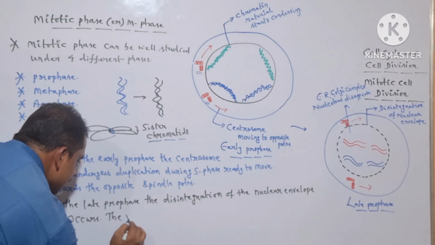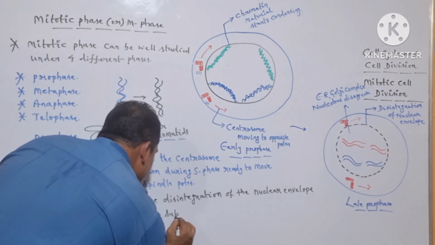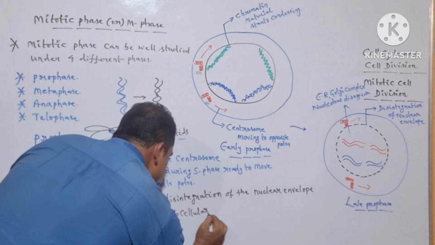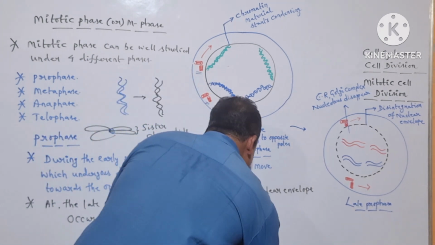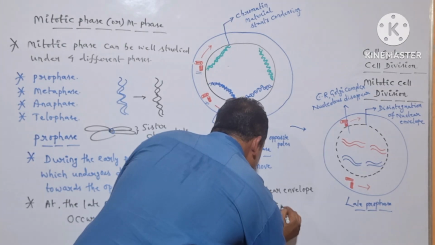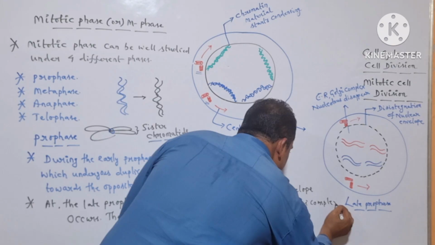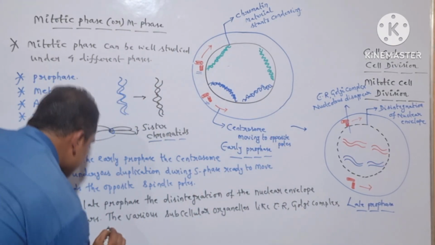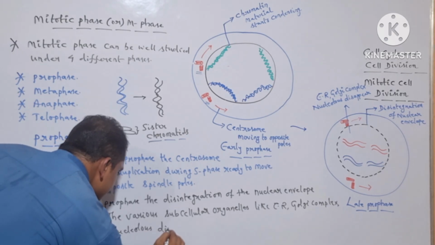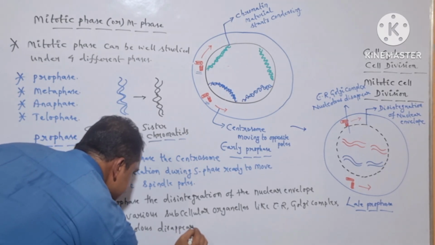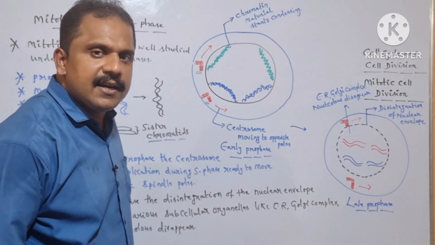The various subcellular organelles, like endoplasmic reticulum, Golgi complex, and even nucleolus, disappear, right? So this is regarding prophase, and then after we will be studying metaphase.